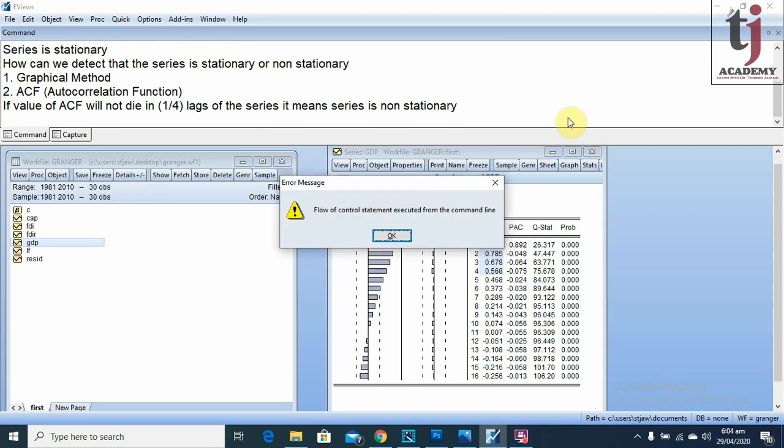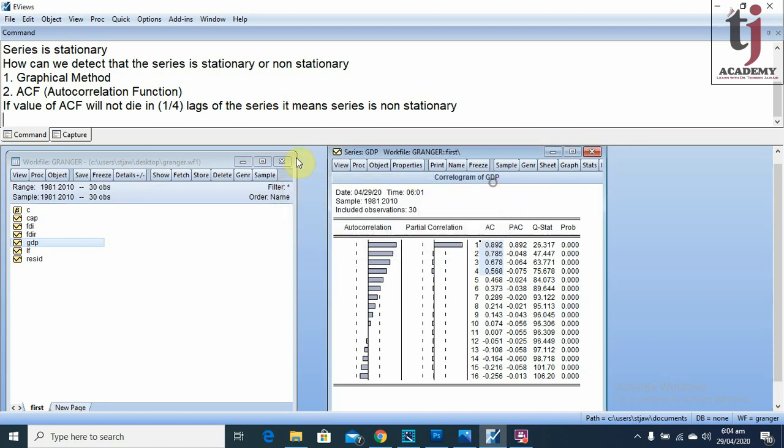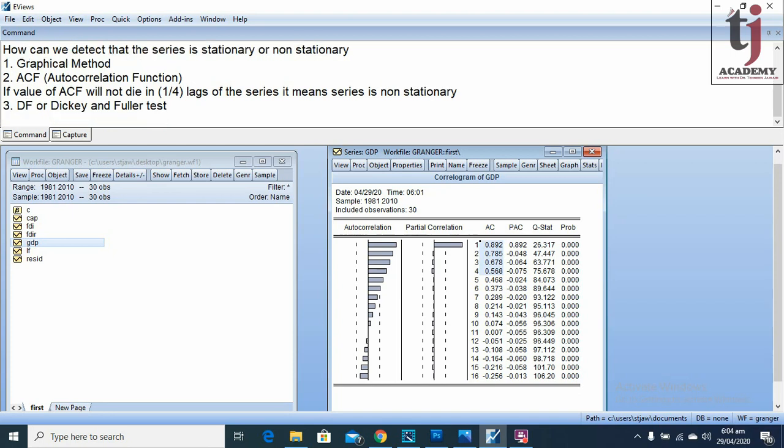The third and most formal method is the DF or Dickey and Fuller test. Now we are going to understand the concept of Dickey and Fuller.